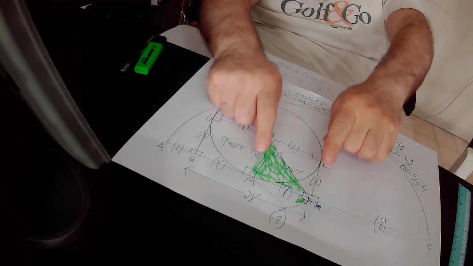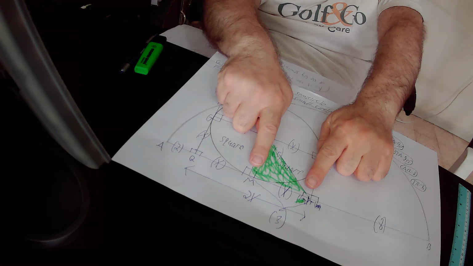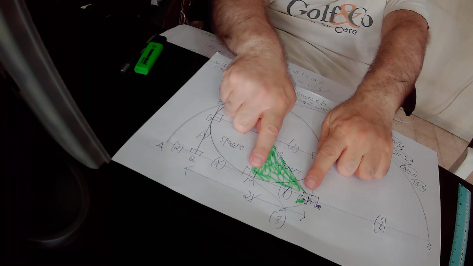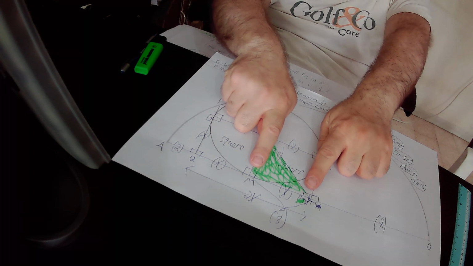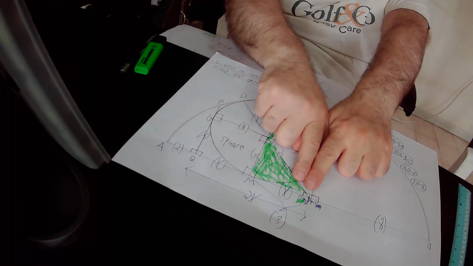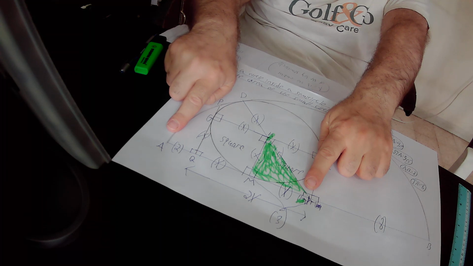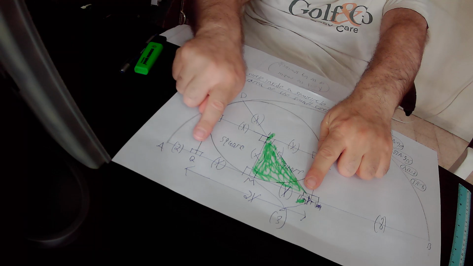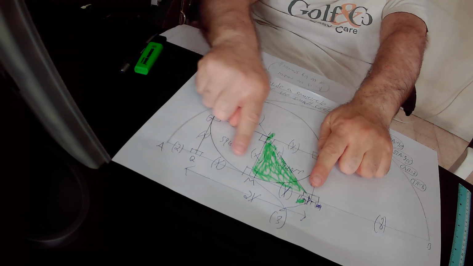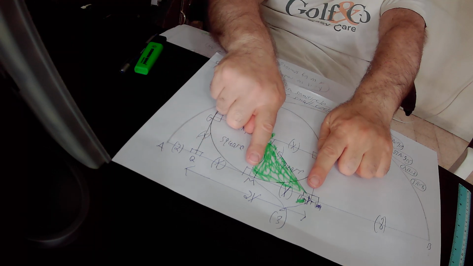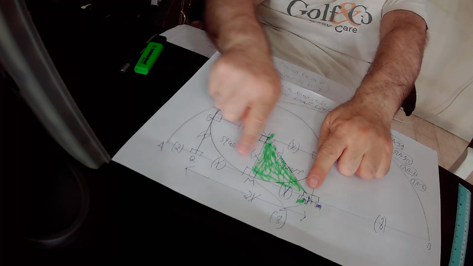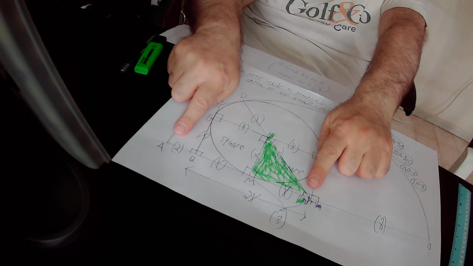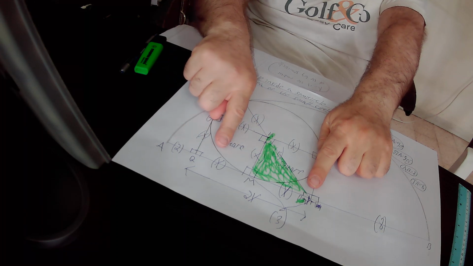Okay, after I found that the radius of this big semicircle equals x plus 5, you can find the length of the missing side edge M. What is the length of the missing side edge M? From the drawing it is very easy to see that edge M equals edge A minus QA minus MQ. Edge A is the radius of the big semicircle, x plus 5, minus QA, that is 2, minus MQ, that is x.